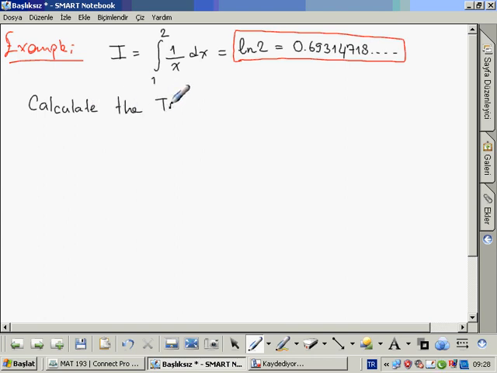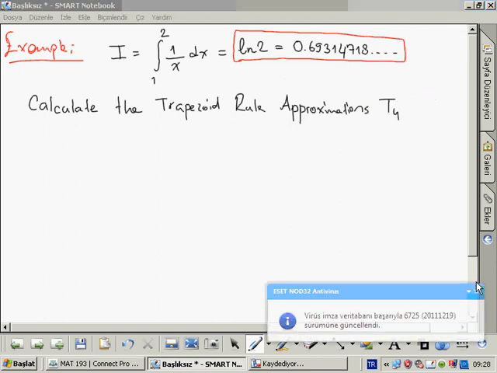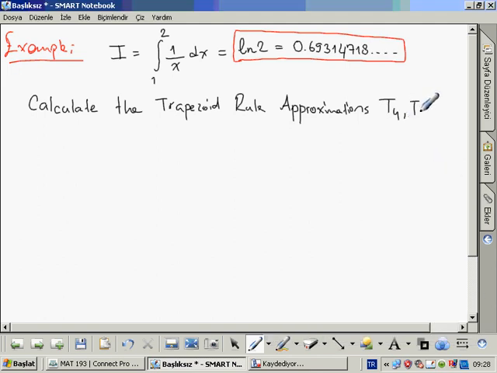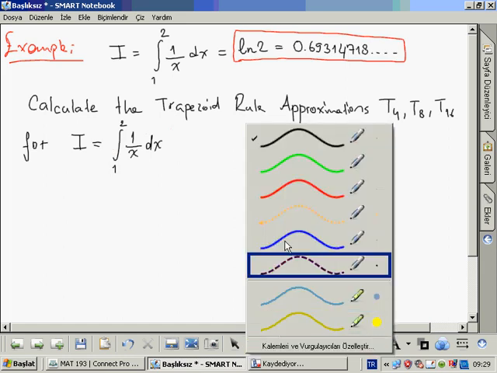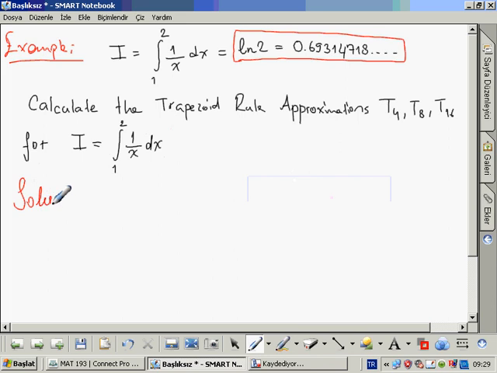Calculate the trapezoid rule approximation T4, T8 and T16 for I equals the integral from 1 to 2 of 1 over x dx. The solution.